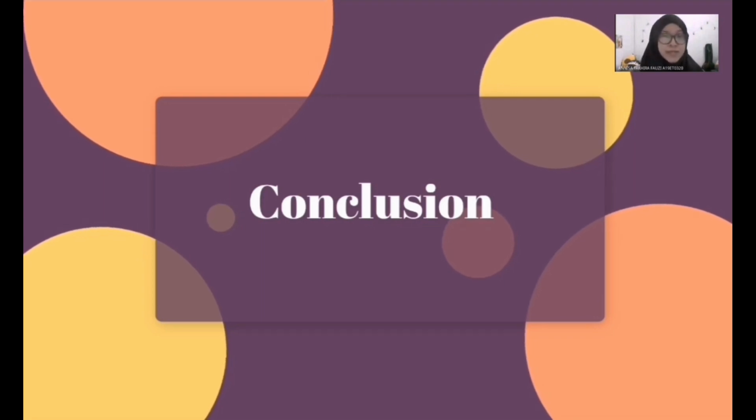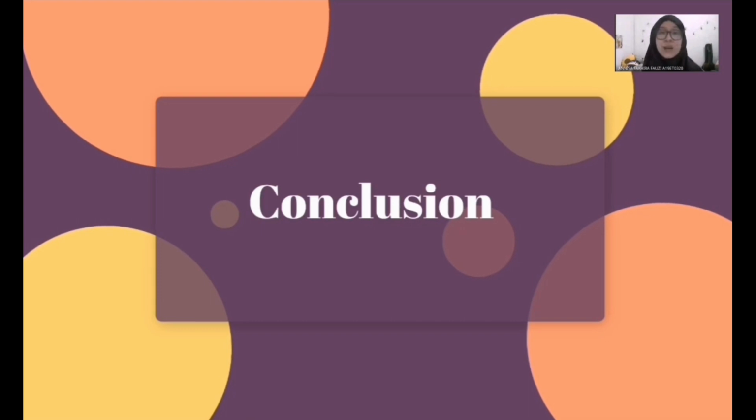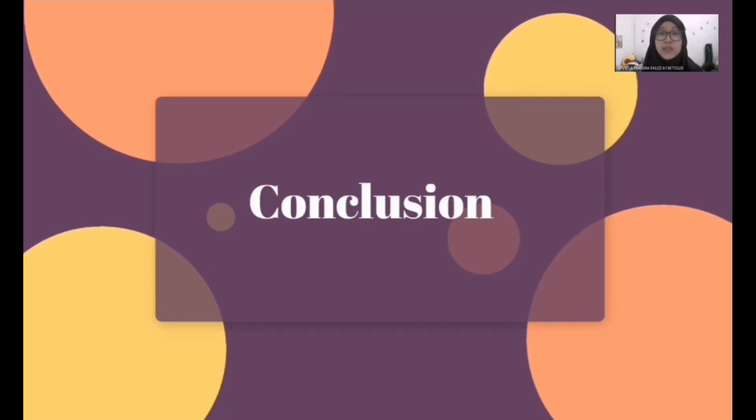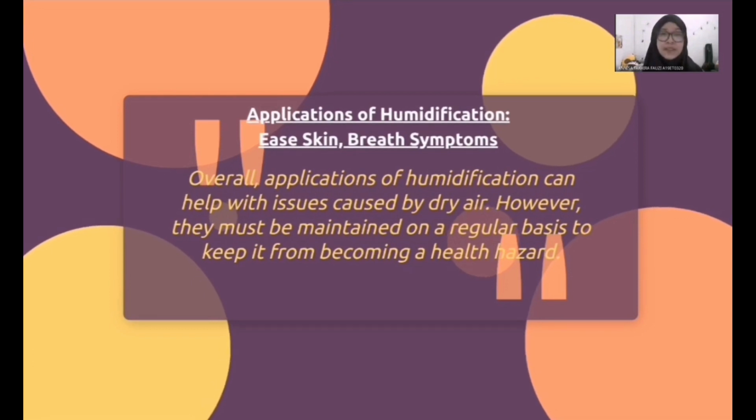However, the most practical application of humidification would most likely be in our daily lives, such as when we use humidifiers. Humidifiers can help with skin and breath symptoms. And as we've discussed previously, humidifiers can also help with respiratory issues caused by dry air. However, they must be maintained on a regular basis to keep them from becoming a health hazard.